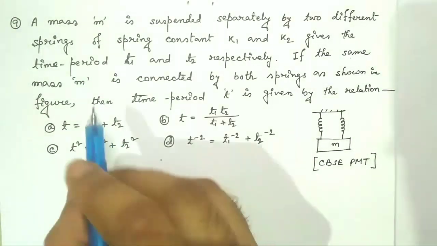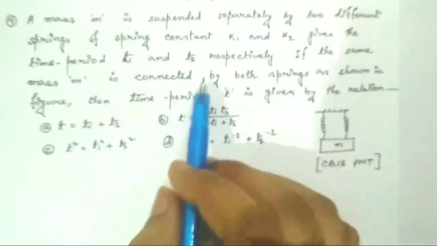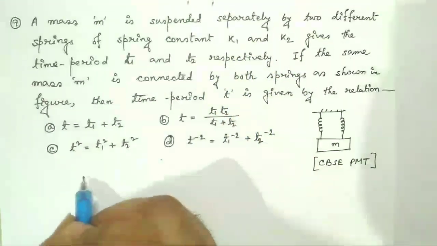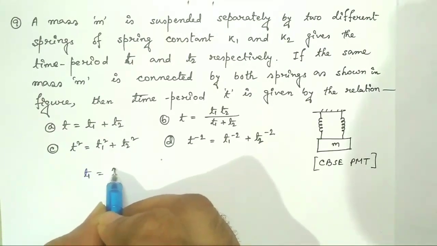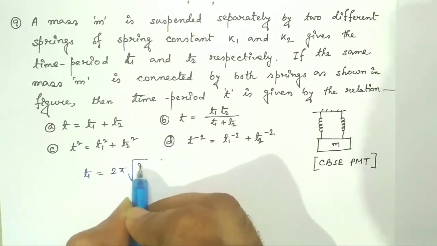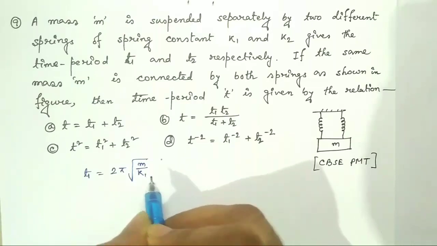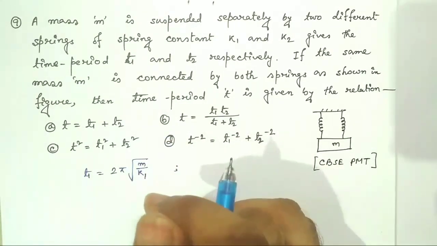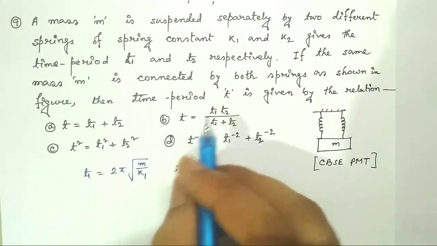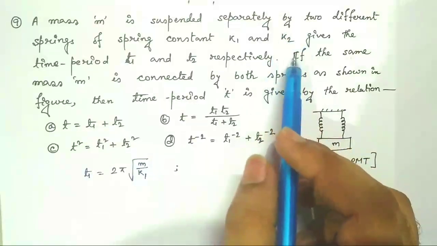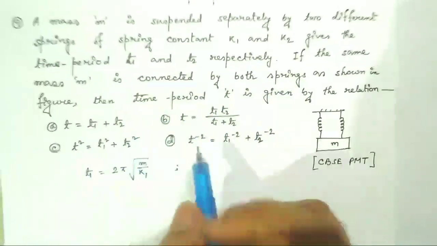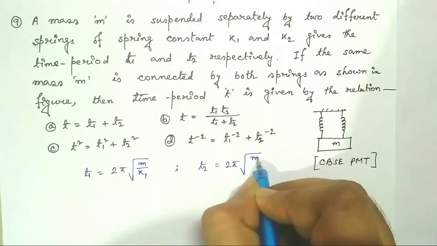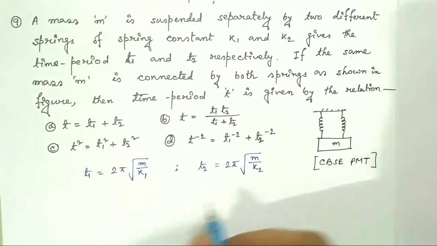Now, when the mass small m is connected to a spring of spring constant K1, the time period will be given by T1. T1 equal to 2 pi root over m by K1. When the same mass small m is attached to a spring of spring constant K2, it gives the time period T2, where T2 is given by 2 pi root over m by K2.